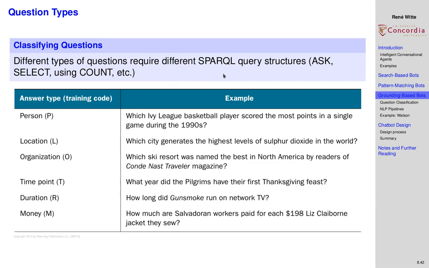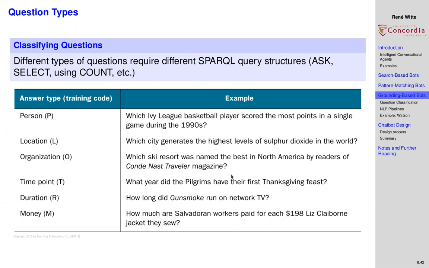You have a number of existing SPARQL queries that cover certain question types, a predefined query for locations, for definitions, for persons. And when you recognize that the question is of this type, then you apply some processing on the text, fill in the variables in the SPARQL query, and return the answer.